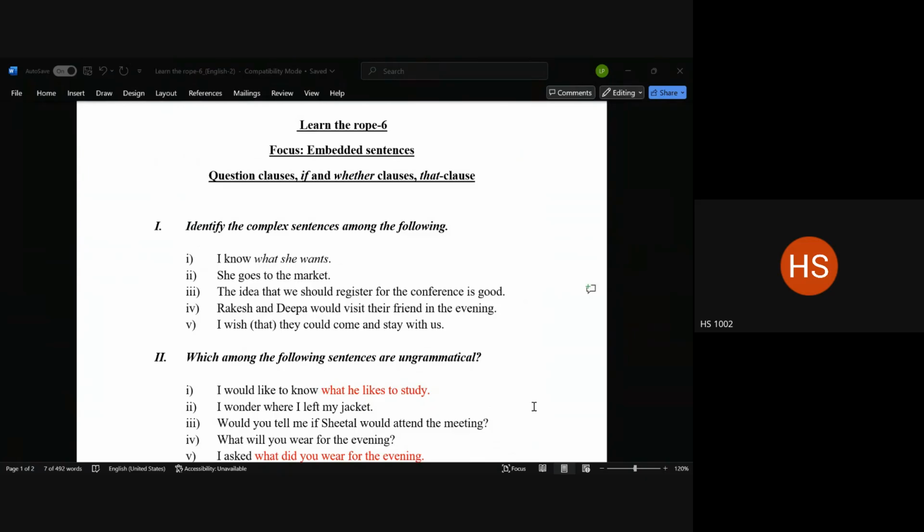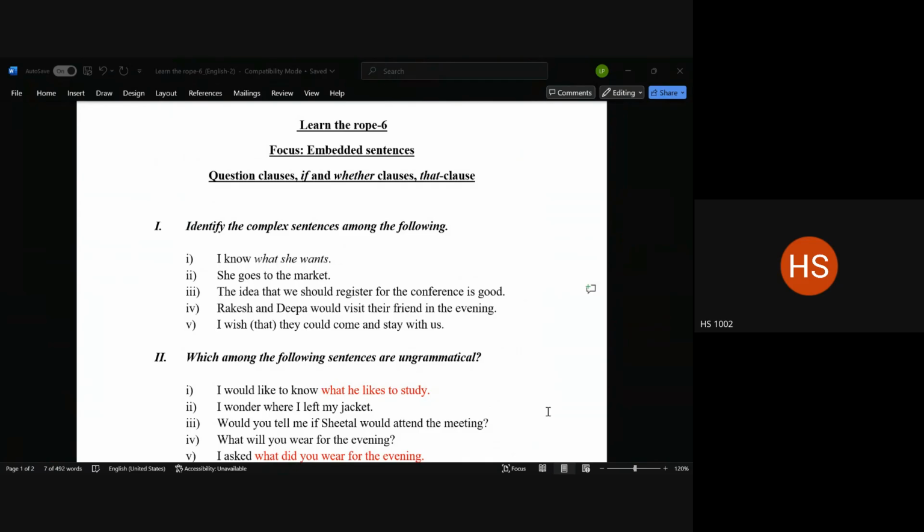So this one is the idea that we should register for the conference is good. Adjectival clause. Based on this, if this is the example, let's see.